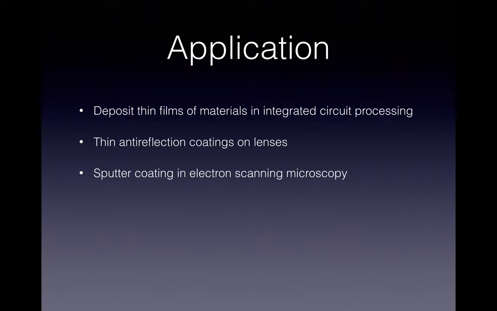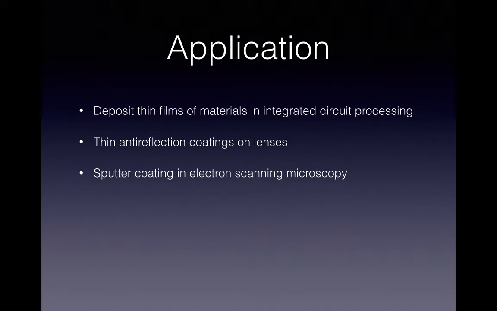So the application of sputtering is mainly for the deposit of thin films of materials in integrated circuit processing, and also in CDs, where it requires materials to be coated, and sputtering is an easy way to do that.